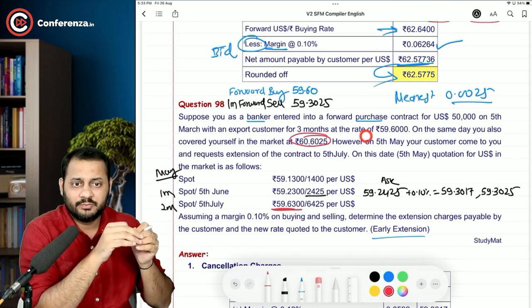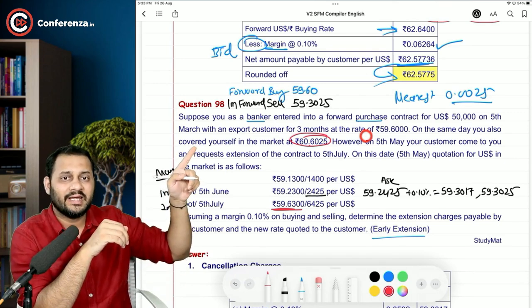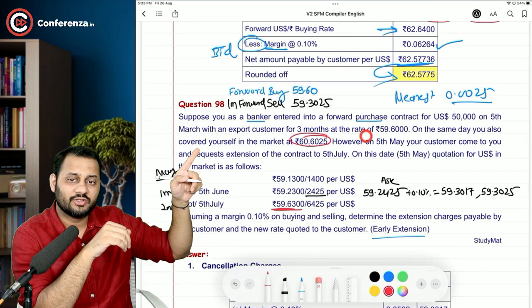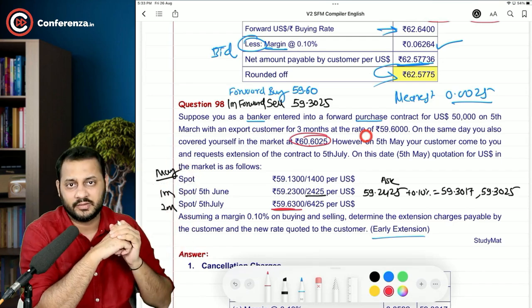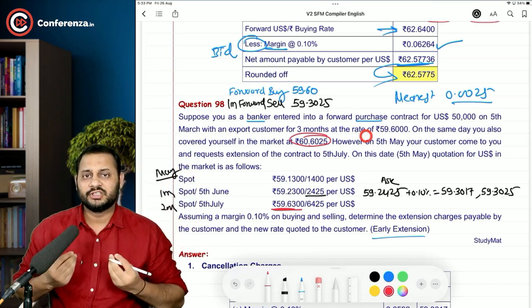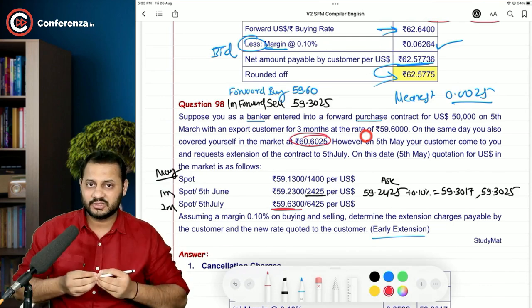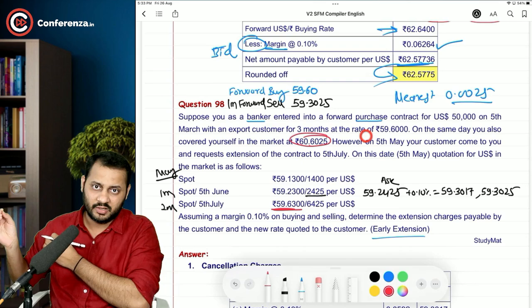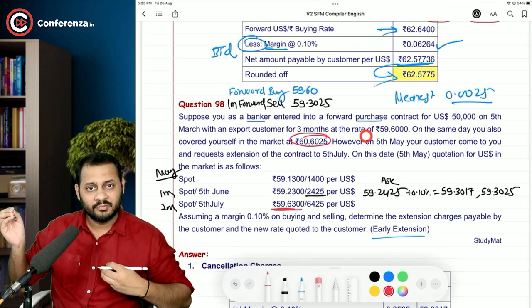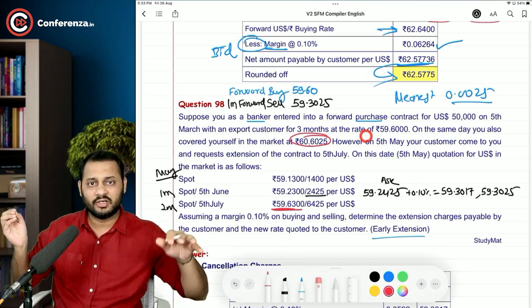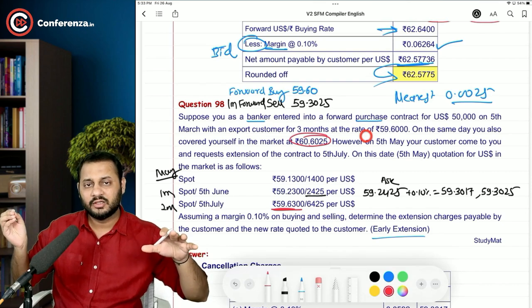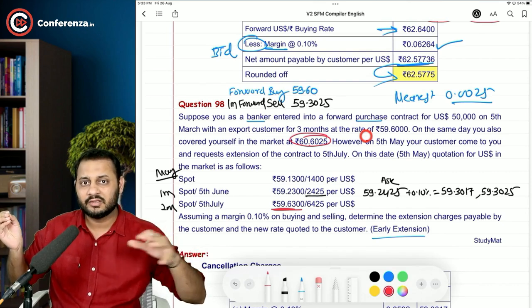So practically speaking, the bank will also cancel its contract in the interbank market. First, in the original transaction, bank thought that we will buy it from the customer and sell it in the interbank market. Now the customer is coming to us to cancel the contract between the bank and the customer.